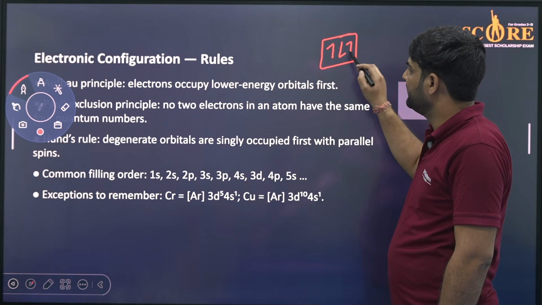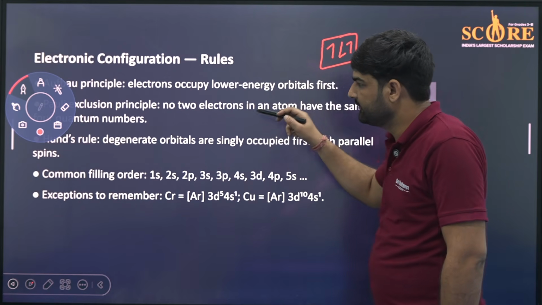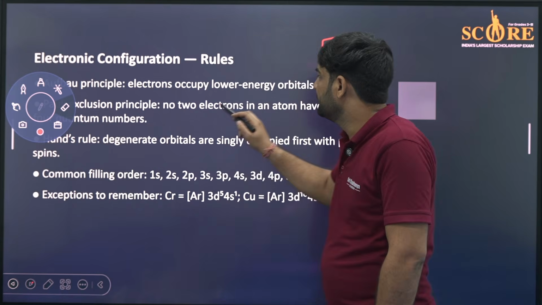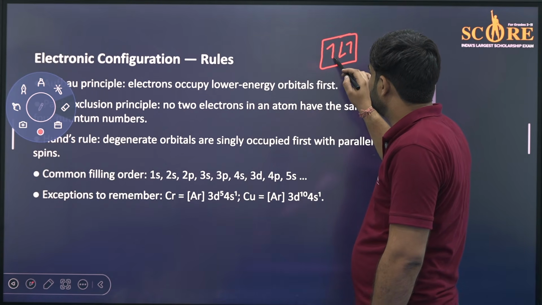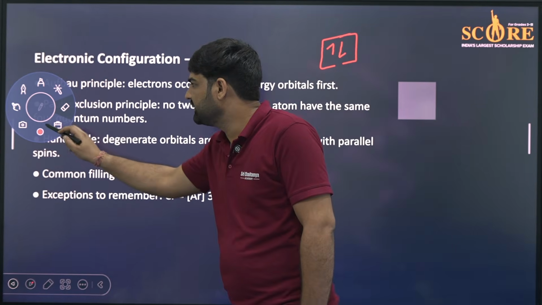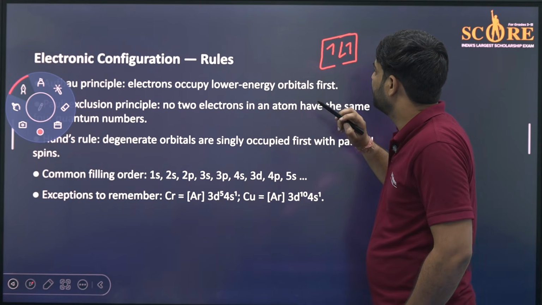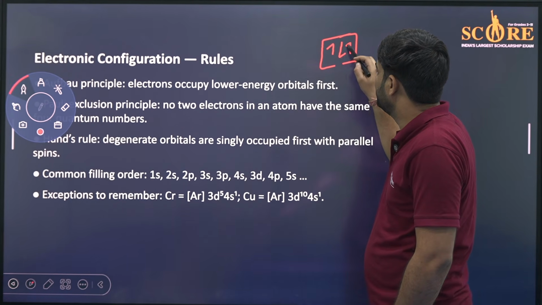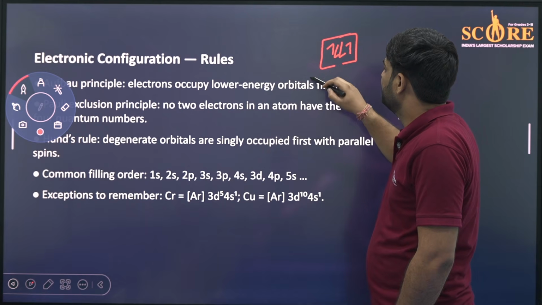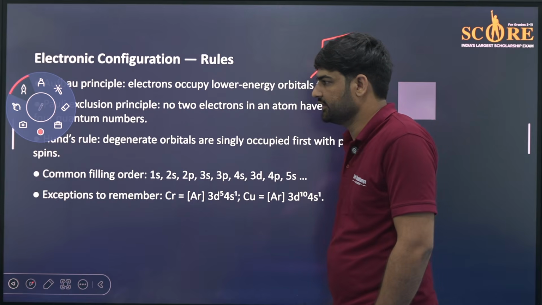You cannot fill like this, and also you cannot fill with the same spin. It means if you have to fill more than 2 electrons, then the spin will automatically be the same. So we cannot write this, and we cannot write this either. A maximum of 2 electrons with opposite spin should be present.